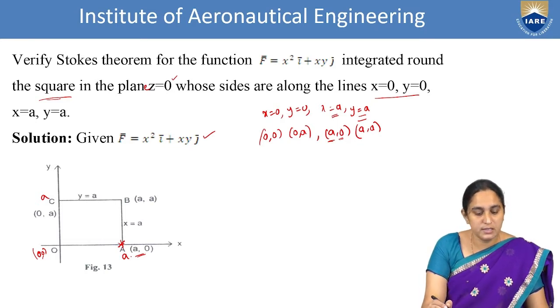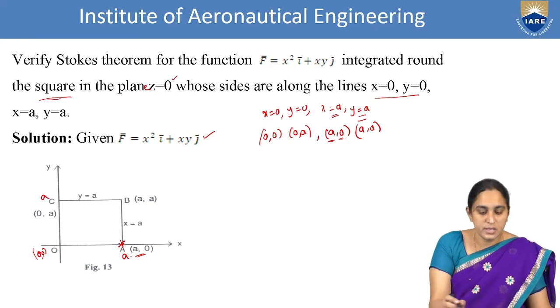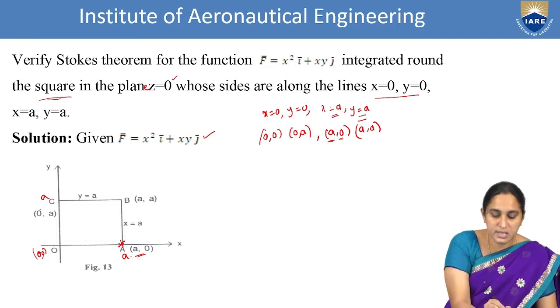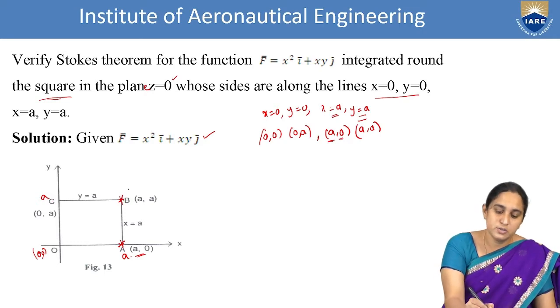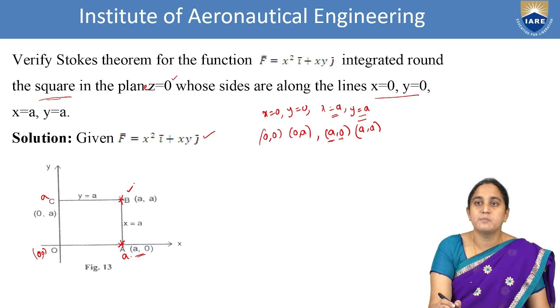Next point, x is equal to a and y is equal to a, where they intersect. Let us assume that as the B point, a comma a.